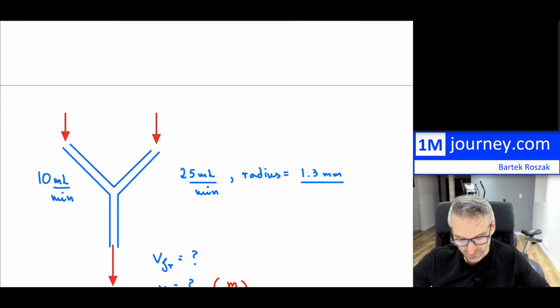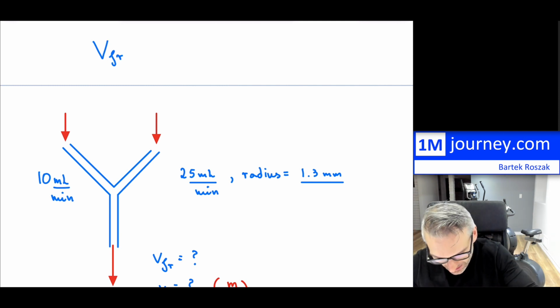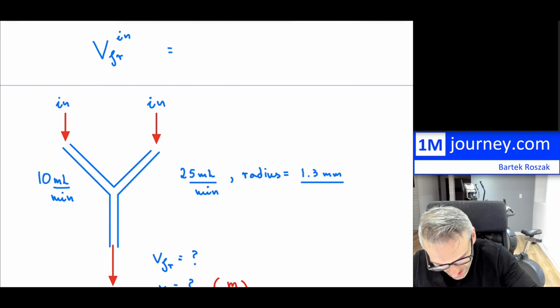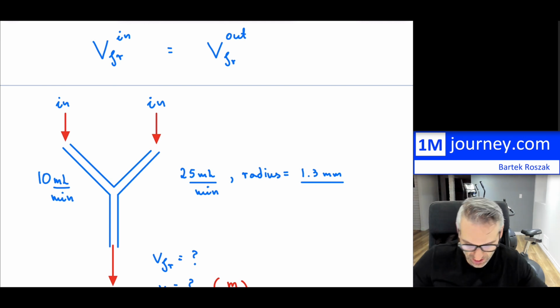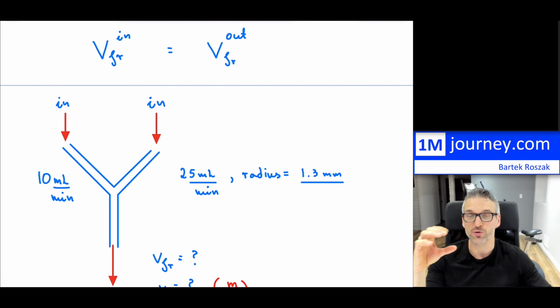So the neat thing here is that we have the volume flow rate. This is kind of how I designate it. And this is the volume flow rate coming in, so you can imagine this is the input in here, input in there. It is always equal to the volume flow rate which is coming out. This sometimes is shown with the tubes changing.